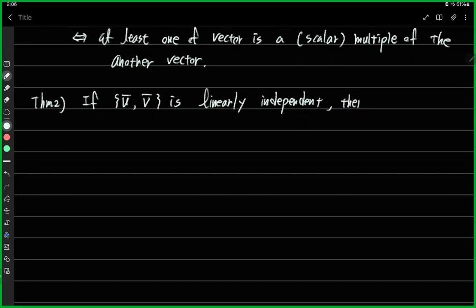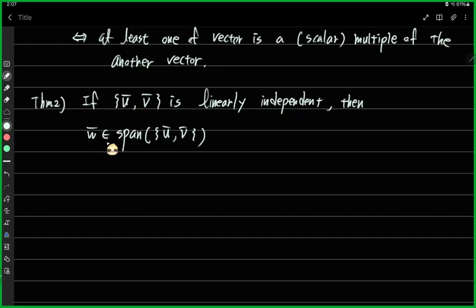And also u and v cannot be expressed as a multiple of each other, right? So the other vector w is in the span of u and v. Keep in mind that the set u and v is linearly independent, so you cannot express one as a multiple of the other.